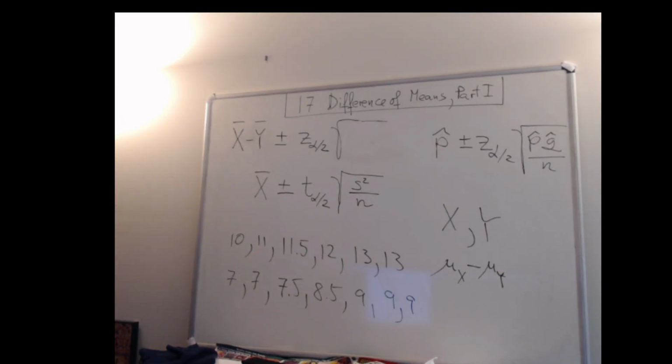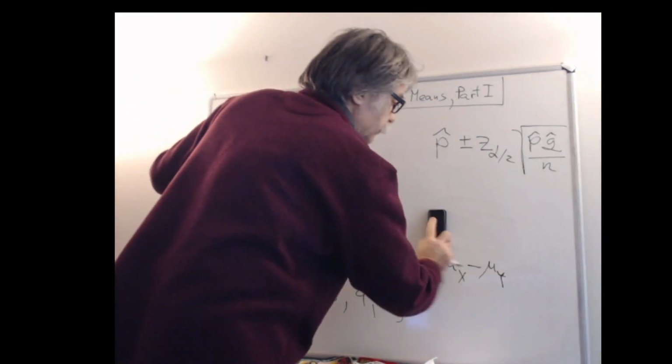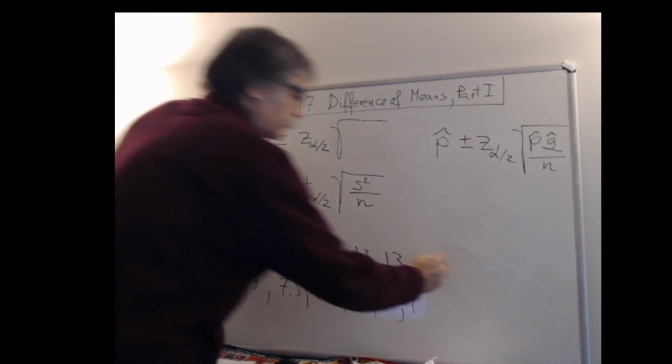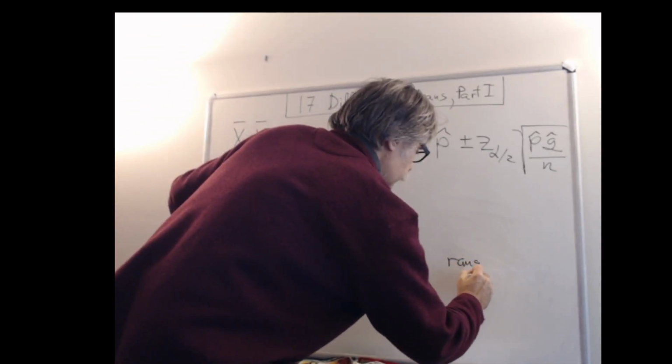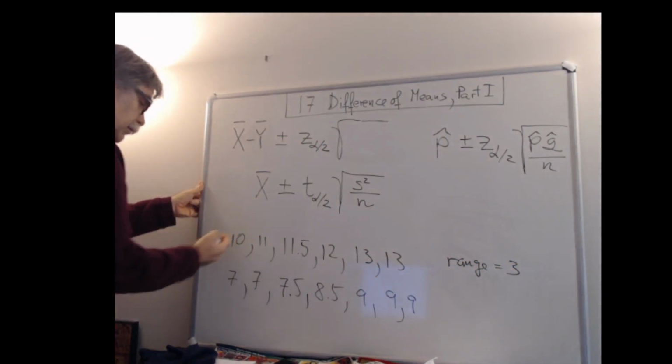Now, what is the range of these male shoe sizes? The range is obviously 3, right? The bigger shoe size minus the smaller shoe size.